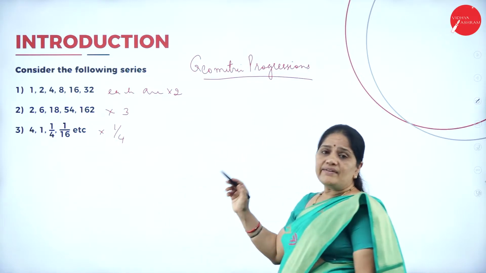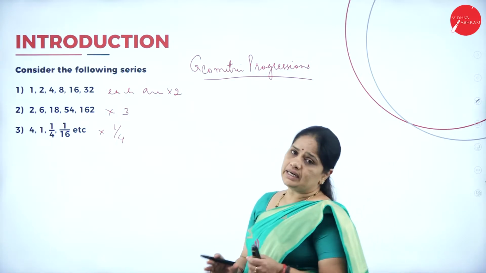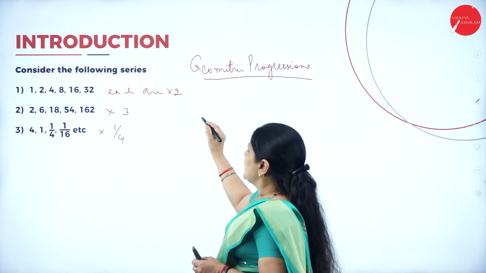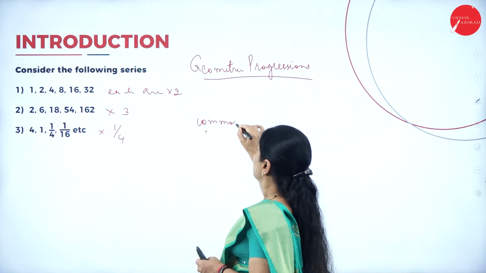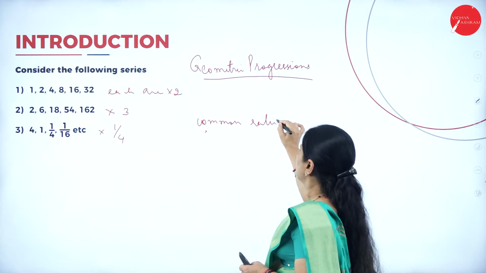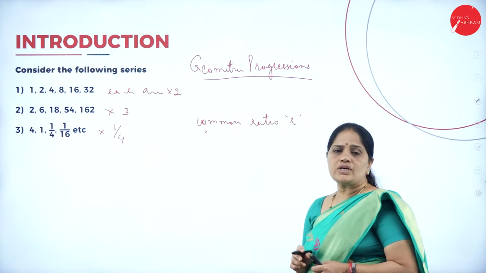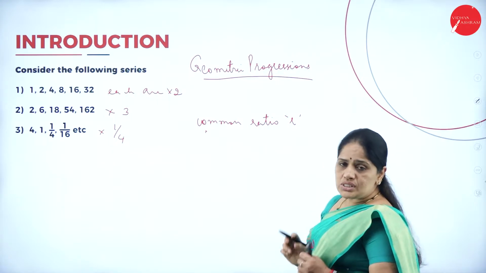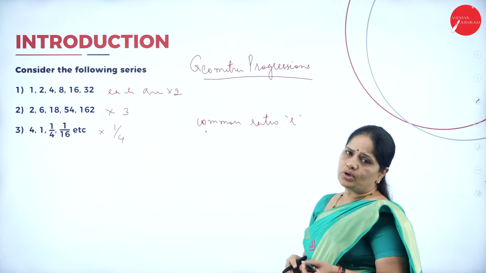So we have these series of terms which have a common ratio called R. Such a series we call a geometric progression.